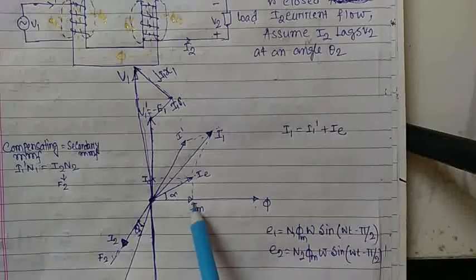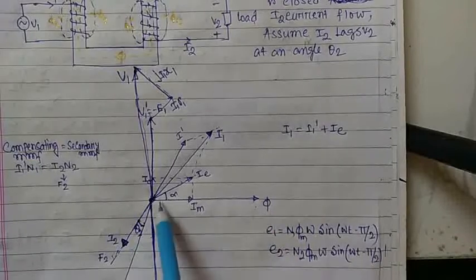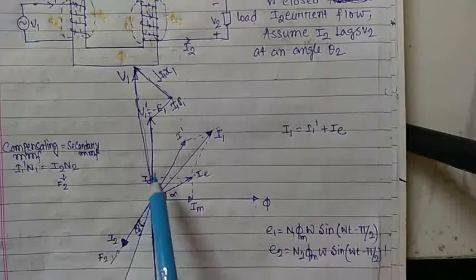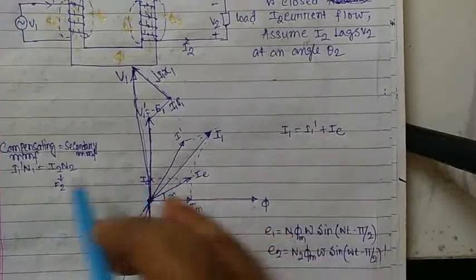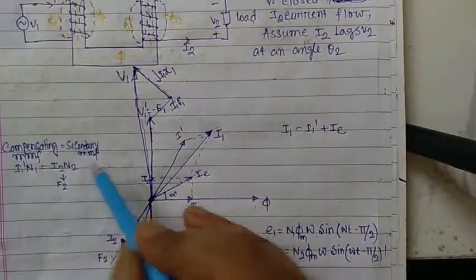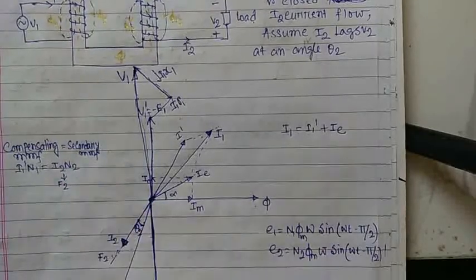IE has two components, a magnetizing component in phase with phi and a core component in phase with V1 dash. Now the compensating MMF is equal to the secondary MMF.